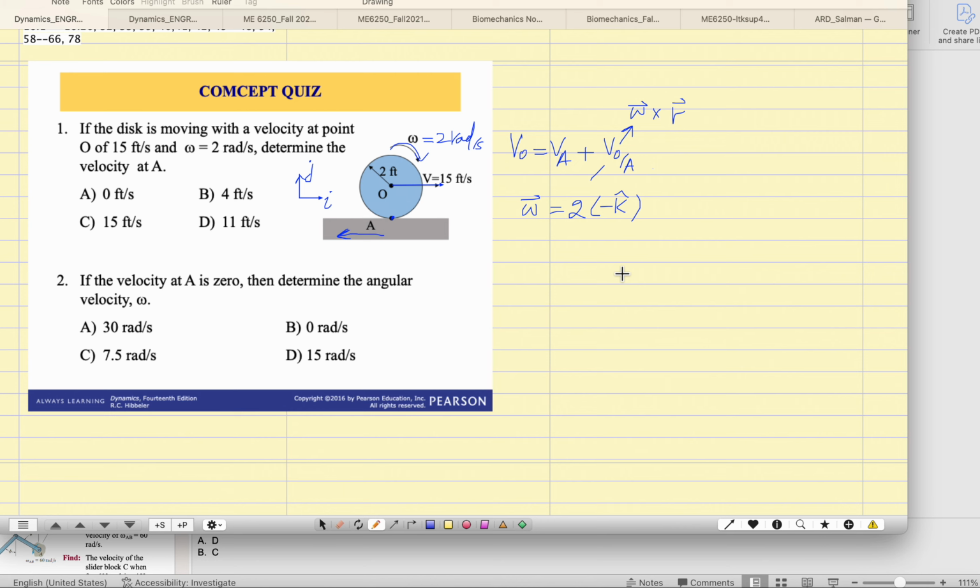Clockwise means inside the paper, and counterclockwise means the direction of the vector is outside the paper, perpendicular to the plane.